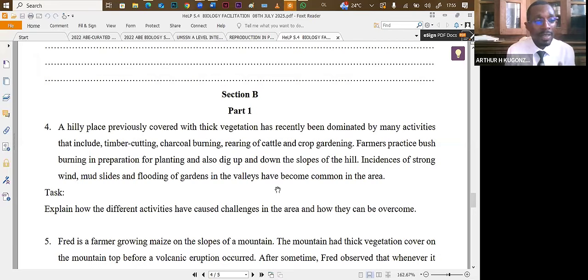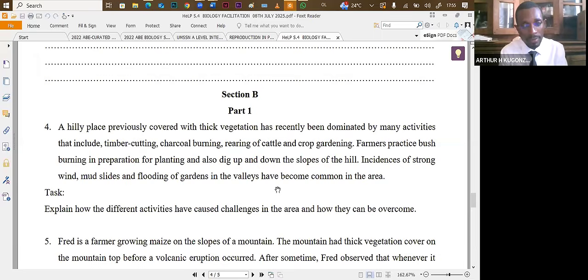It means you now have to look at an activity and think about which challenges it can cause. So that is how it can be done. Don't cram that all scenarios will give you challenges.